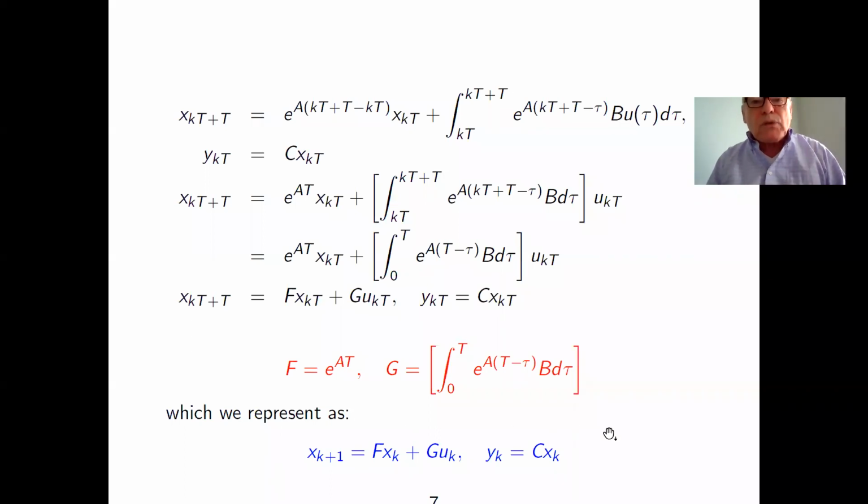Given that the control inputs are piecewise constant, we have an exact model of the evolution of the sampled state at each time moment from an initial time to a final time. So this is a source of examples, the kind of linear systems that you can exactly sample.